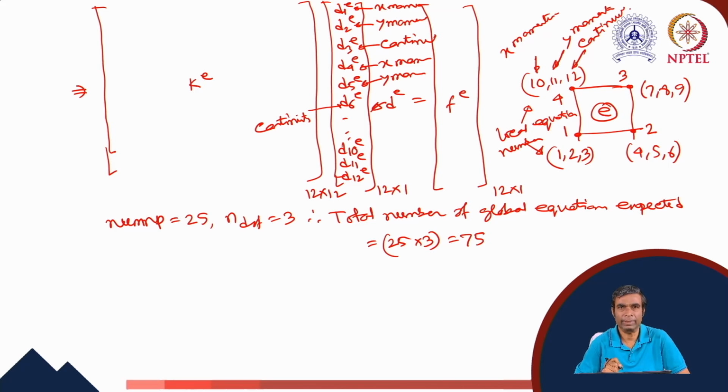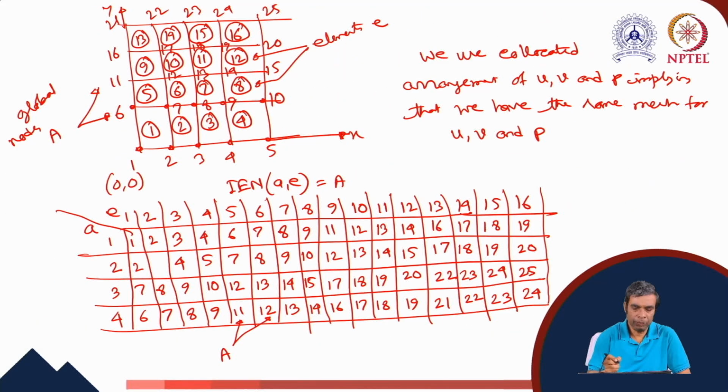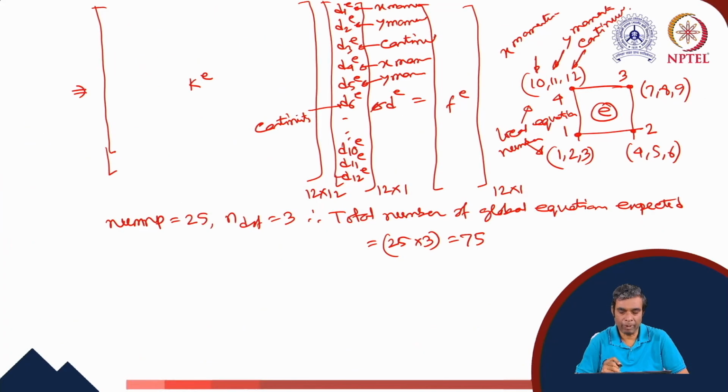Okay, so let us see how many essential boundary nodes we have. If we look into this mesh, we see 1 2 3 4 5, 1 2 3 4 5, 10, 1 2 3, 1 2 3. We have 16 essential boundary nodes.